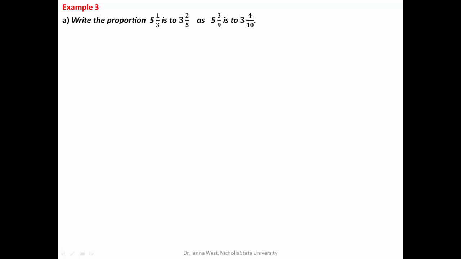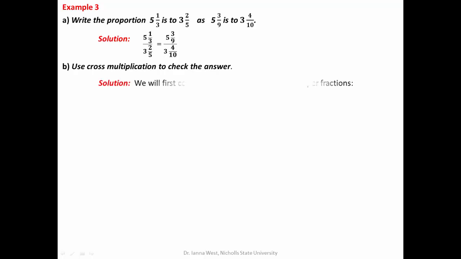So we will first write the ratio 5 1/3 divided by 3 2/5, and we will set that equal to 5 3/9 divided by 3 4/10. We will now use cross multiplication to check the answer. We will first convert the mixed numbers to improper fractions.